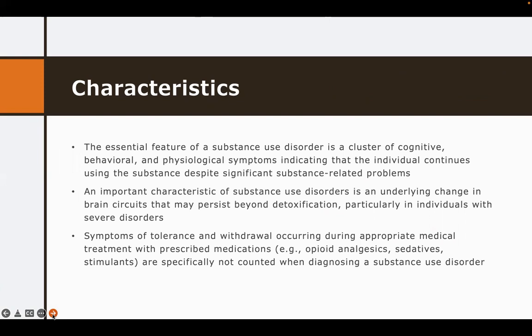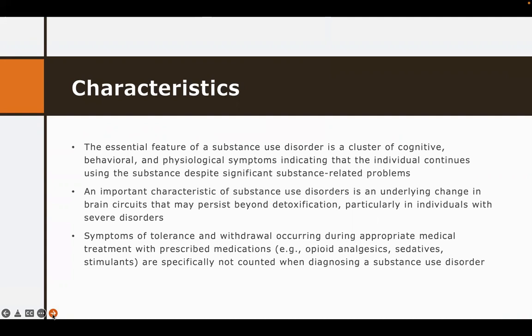Basically, there's no consequence that is really going to stop this individual, which again to me is more indicative of dependence. But we're not talking about the DSM-4 text revised, we are talking about the DSM-5. So this is indicative of substance use disorder.